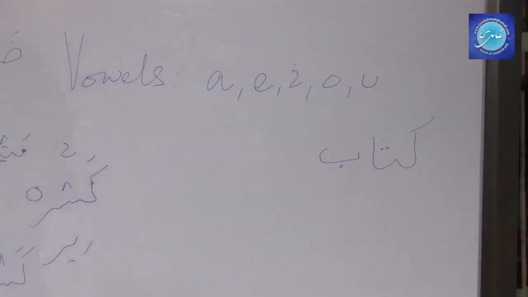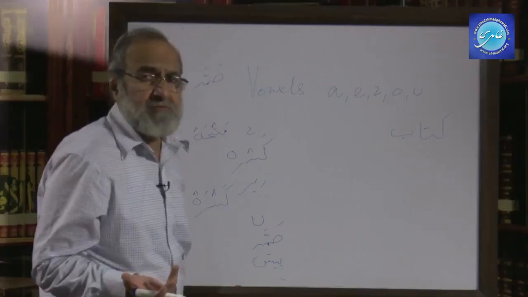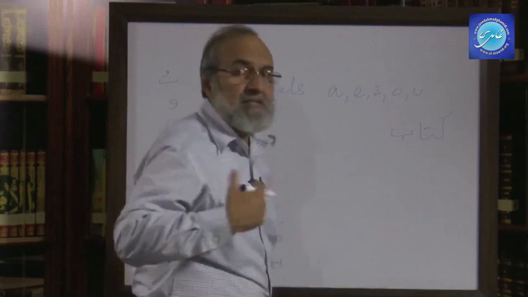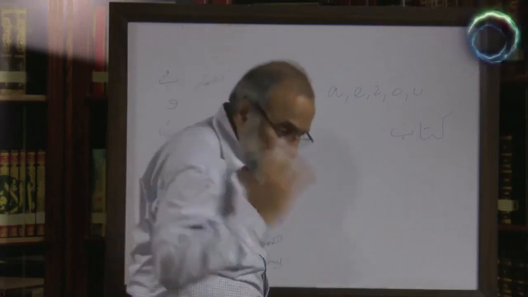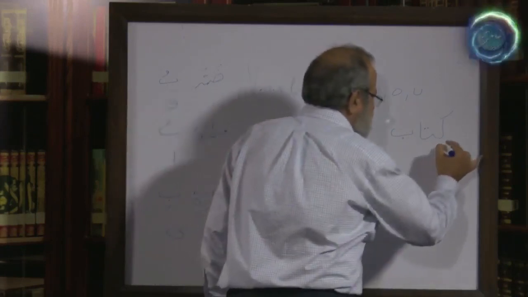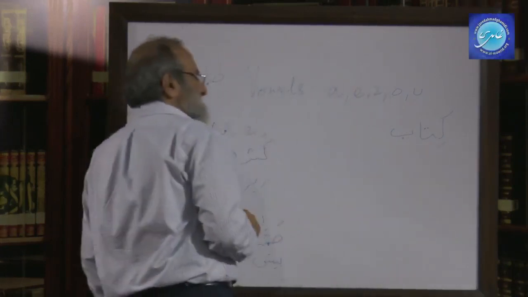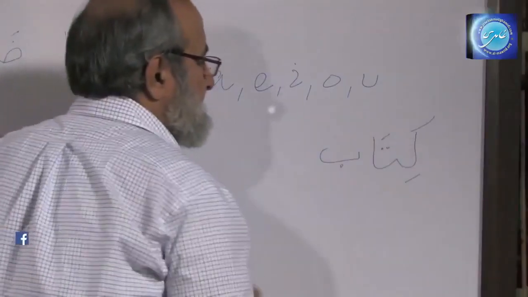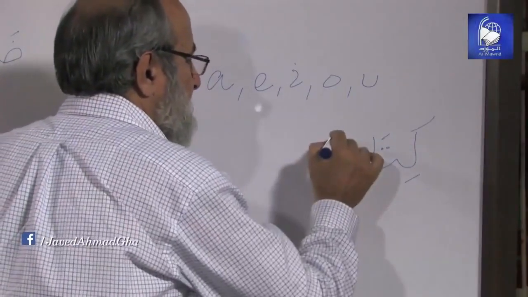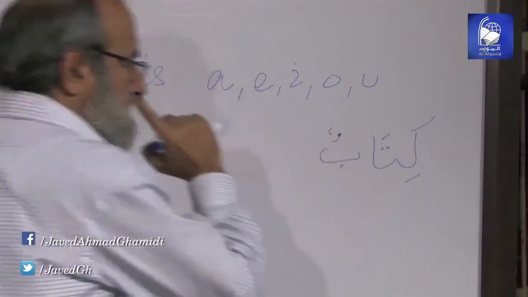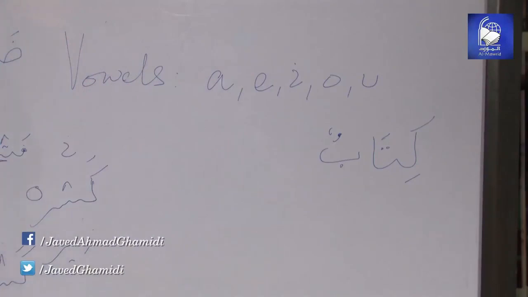But we've got to give vowels. As I said, without vowels, you can't pronounce. Even if you don't write them, you've got to use them to clarify what the sound is going to be. So it's kasra ki, then fatha ta, and then something we're going to talk more about later, two dhammas, kitabun.